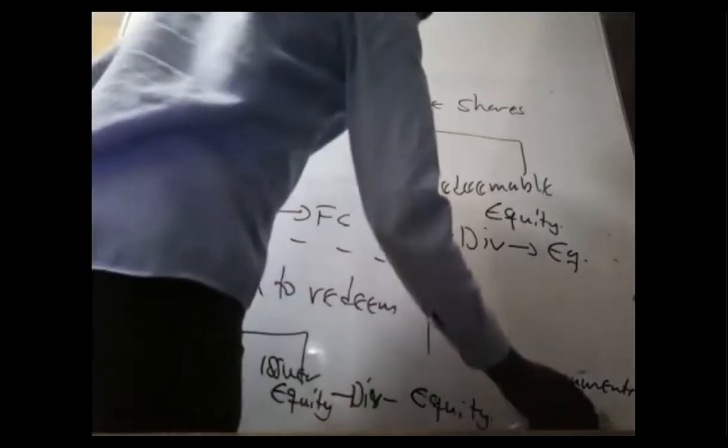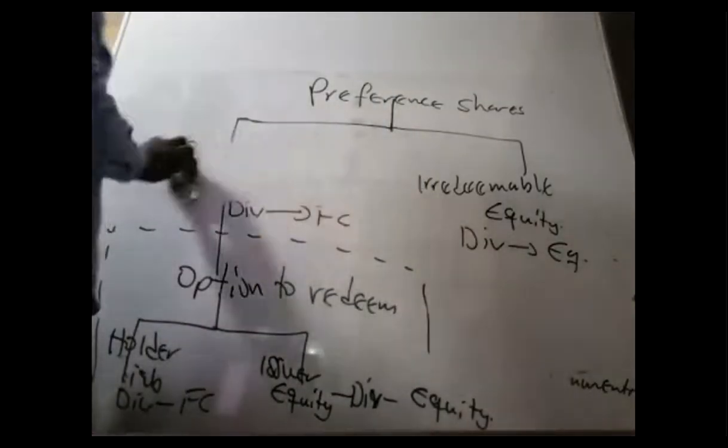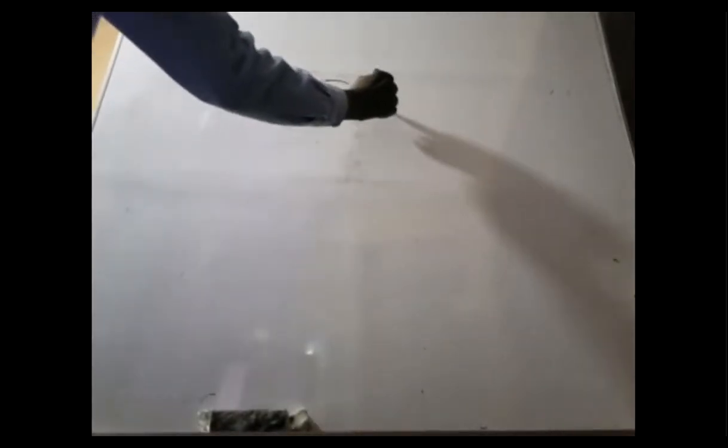Okay, financial liability. How do we measure financial liability? All financial liabilities are measured at amortized cost, except otherwise stated.